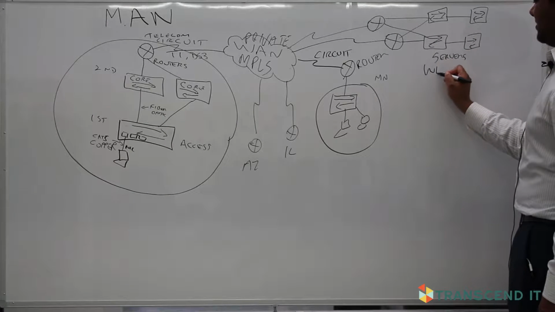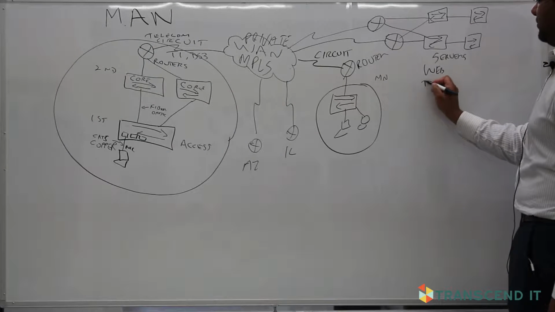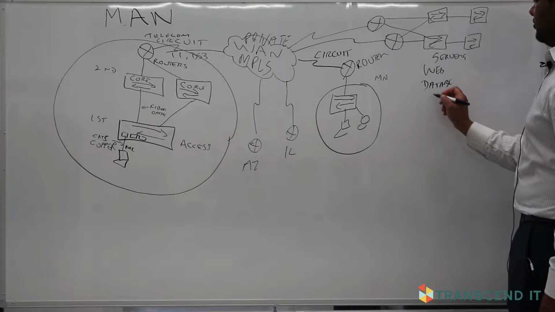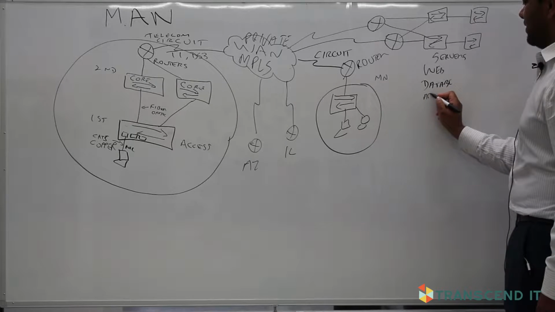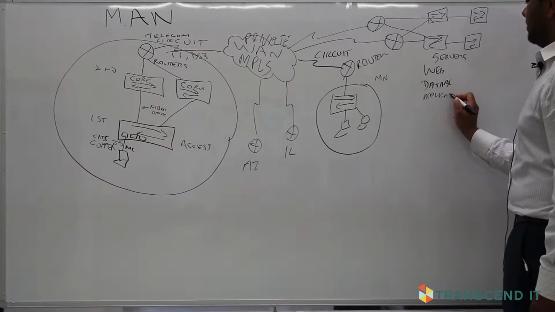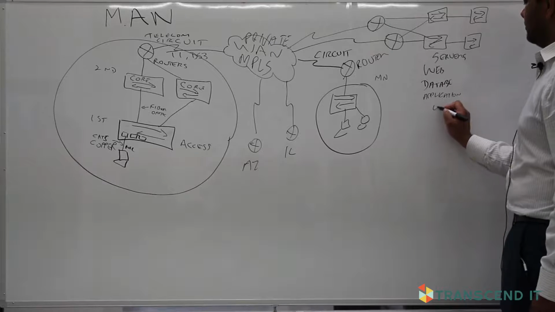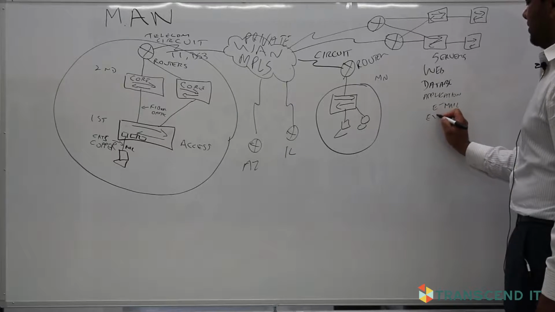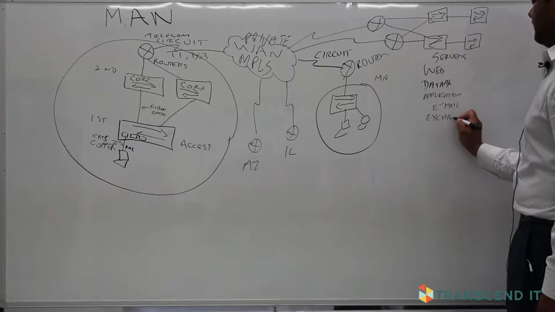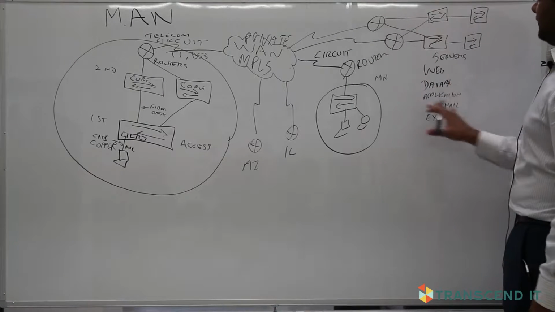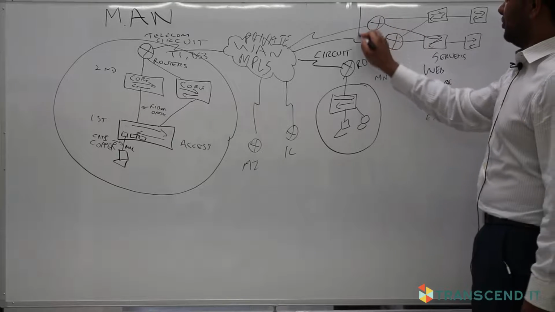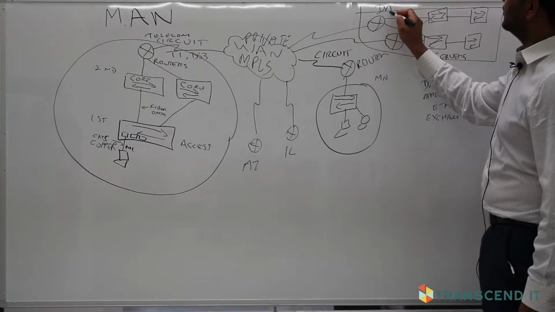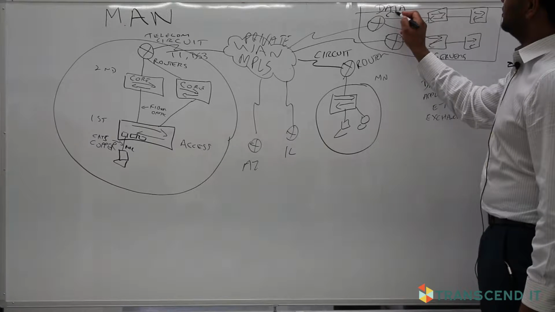So think of all the websites that you connect to, your database servers, your various applications like email, which the most common one is called Exchange. So all this stuff is living here inside of your data center.